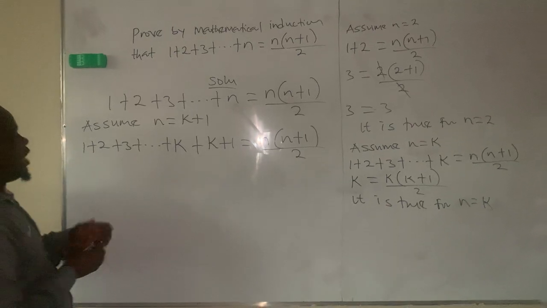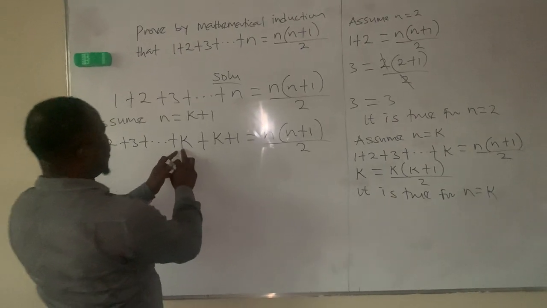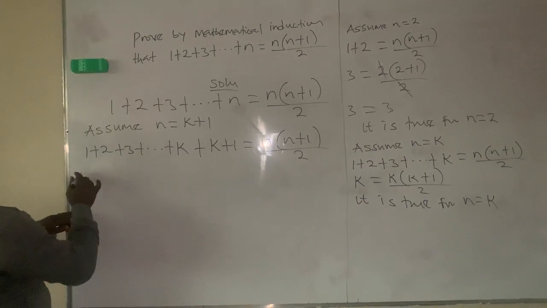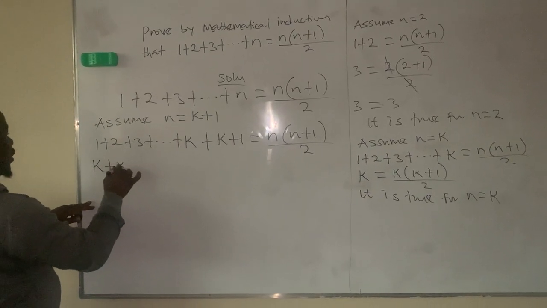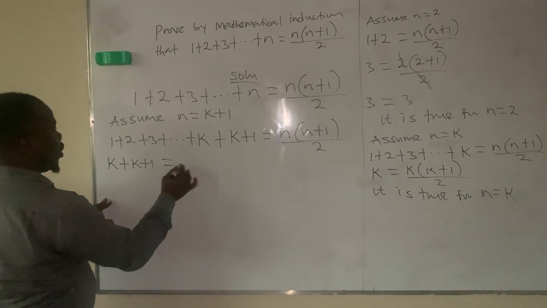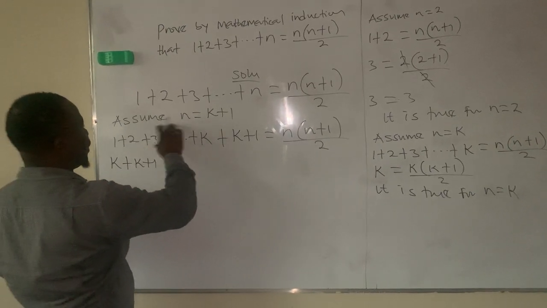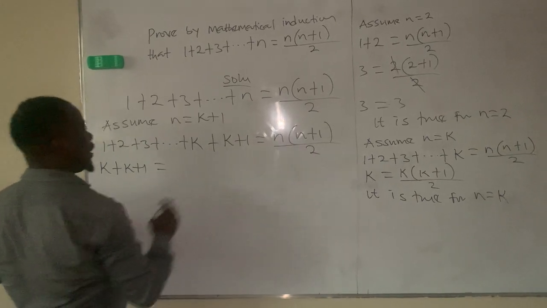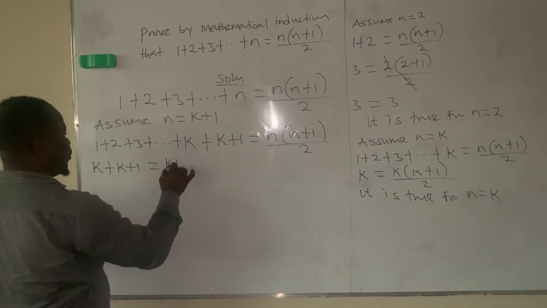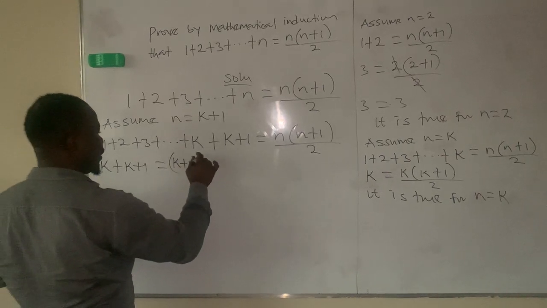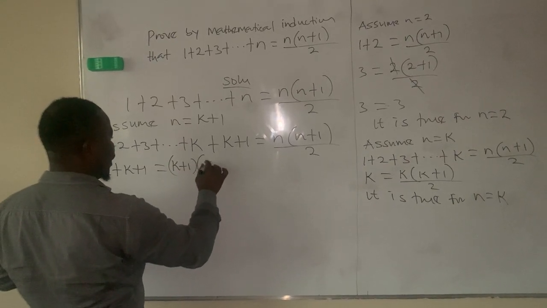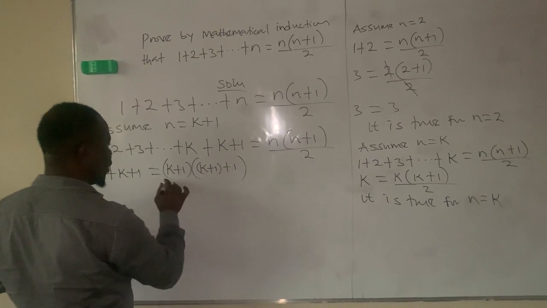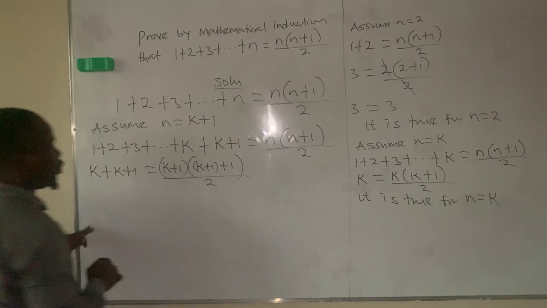It implies that the left hand side will now be k plus 1. Look at it: anywhere you see n on the right hand side, you now write (k plus 1)(k plus 1 plus 1) all over 2.